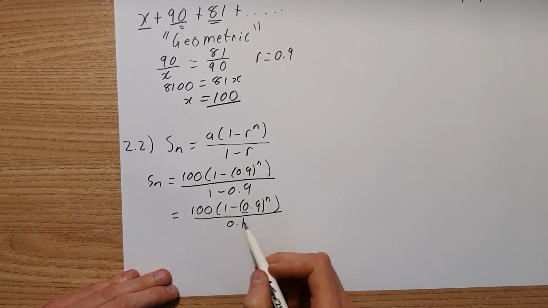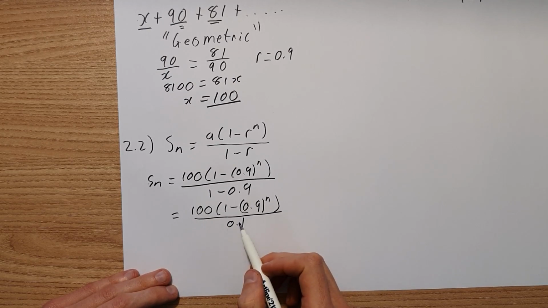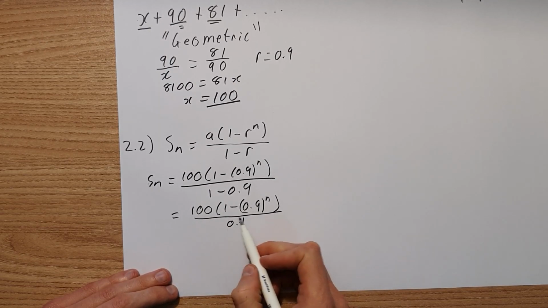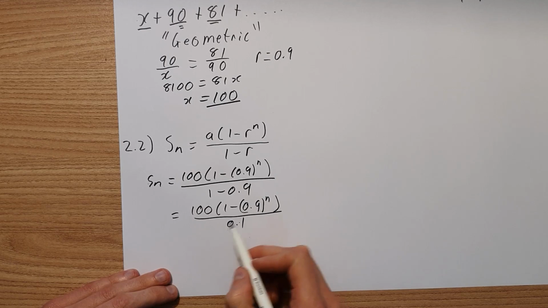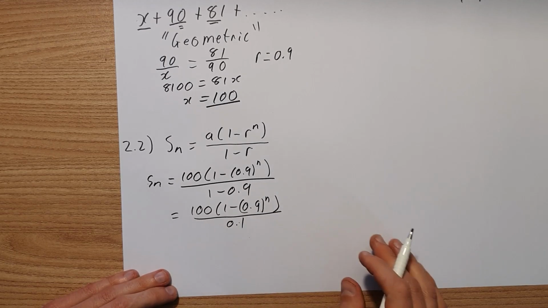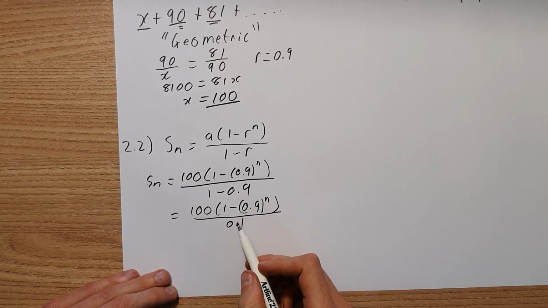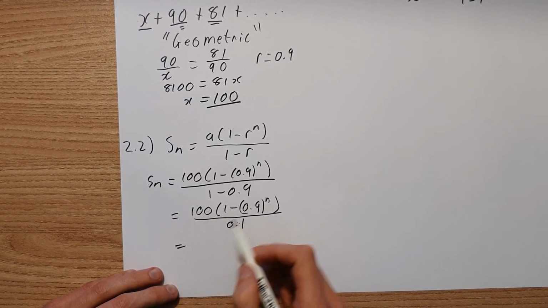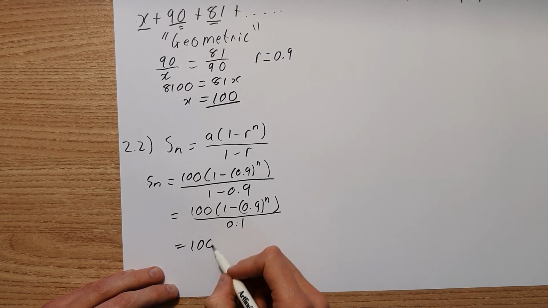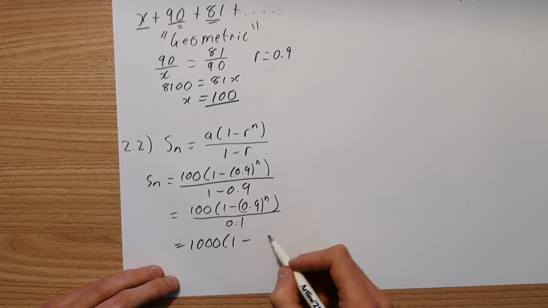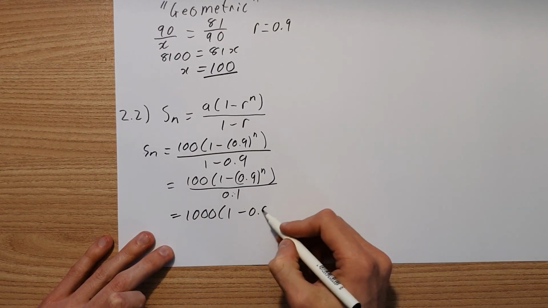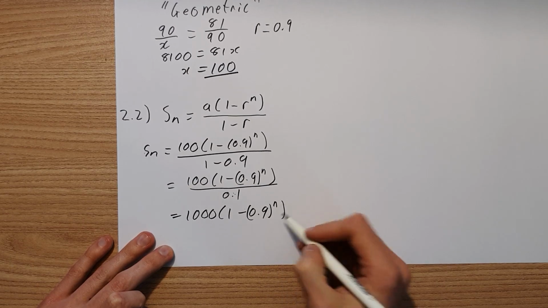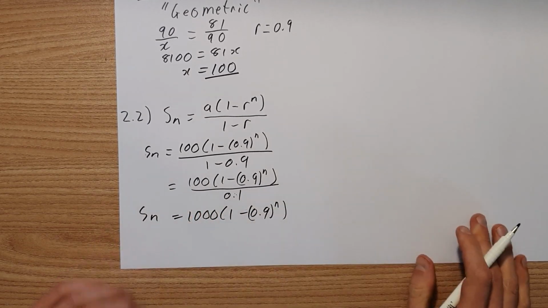Now, 100 divided by a very small number is going to give us a very large number. 0.1 is 1 over 10, so 100 divided by 0.1 gives you 1,000, times 1 minus 0.9 to the power of n, and we end up with what they want.